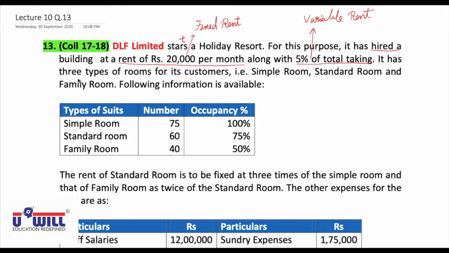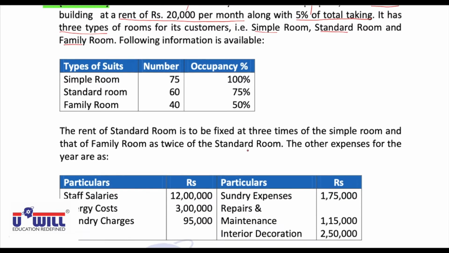It has three types of rooms for its customers: simple room, standard room, and family room. Following information is available: types of suites, numbers, and percentage occupancy. Simple room, there are 75 in number, 100% occupancy. Standard room, 60 in number, 75% occupancy. Family rooms, 40 in number and 50% occupancy.